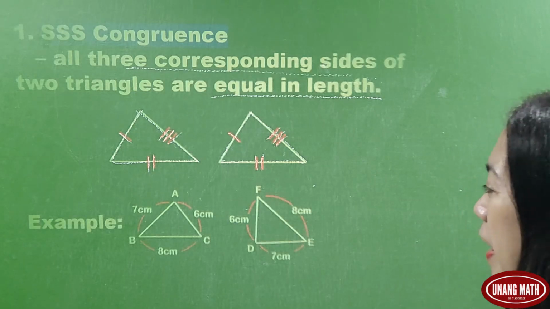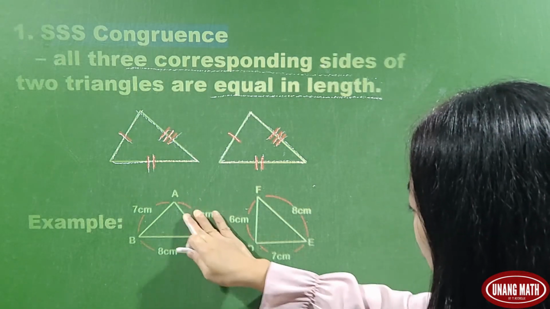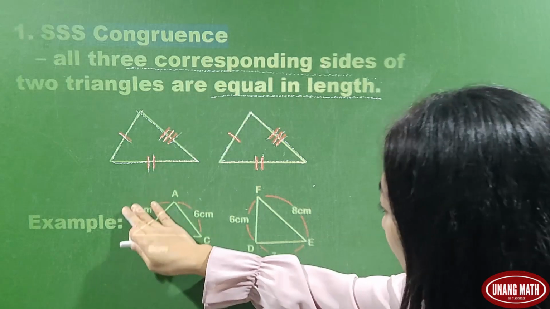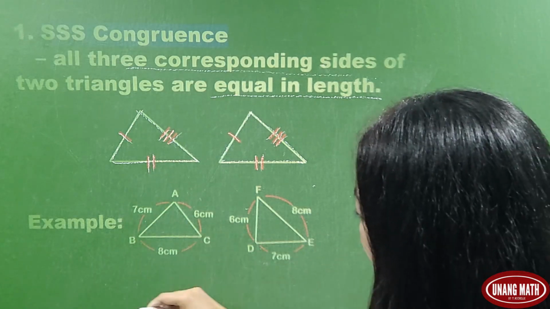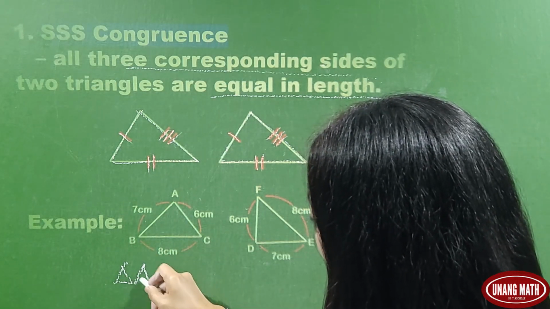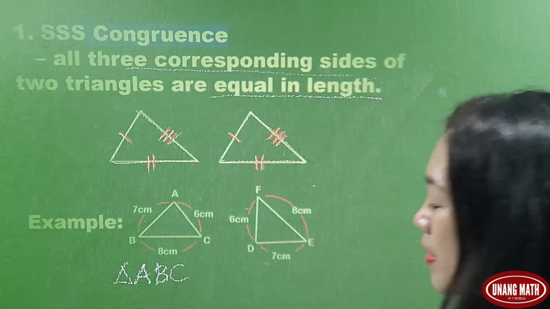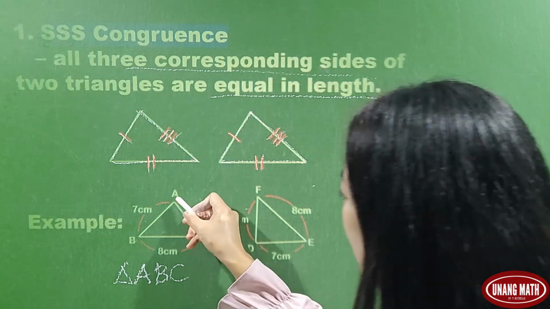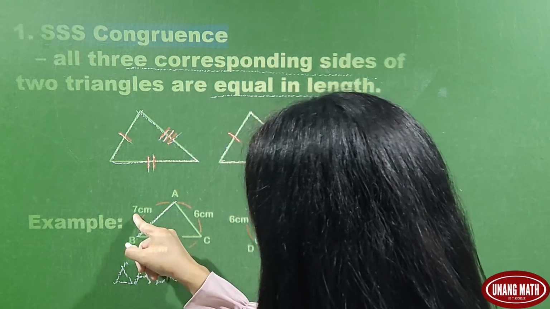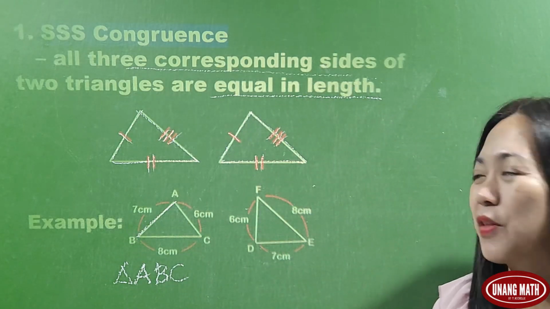Okay, let's give an example. We have two triangles here, and let's name this triangle ABC. So triangle ABC. This side of this triangle ABC measures 7 centimeters.